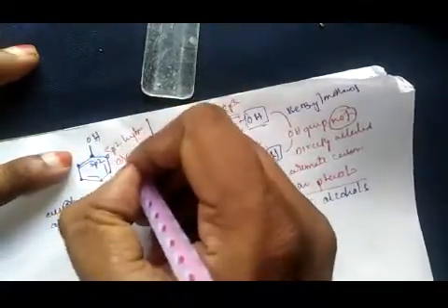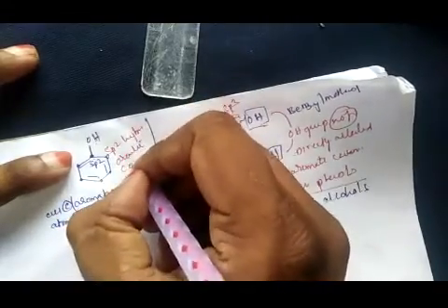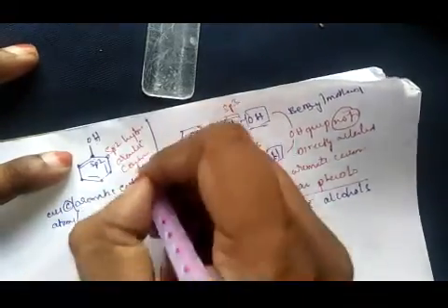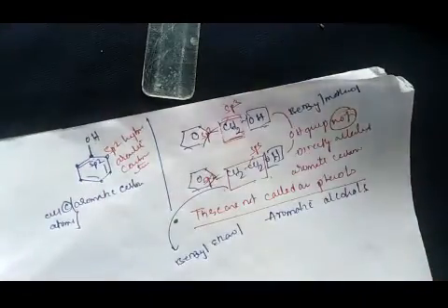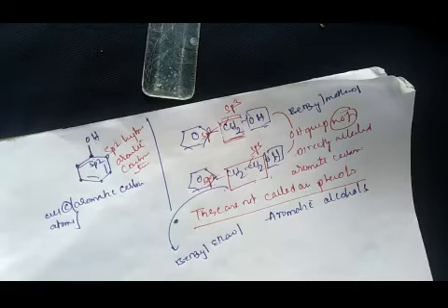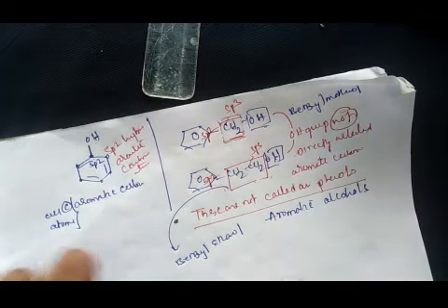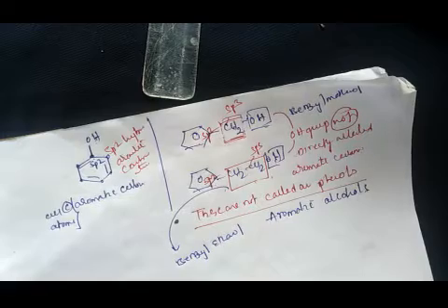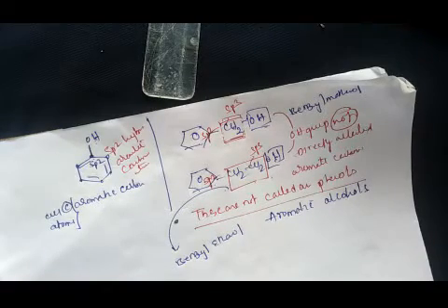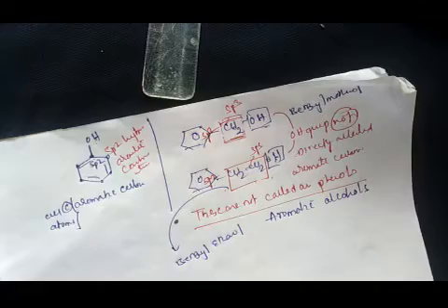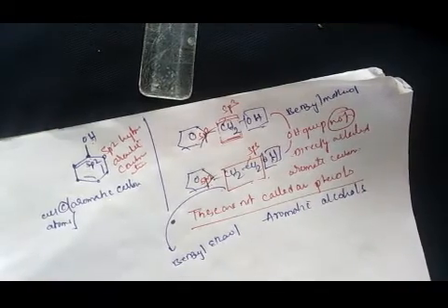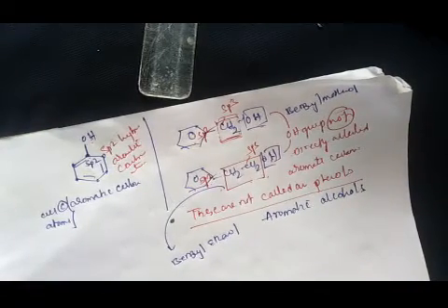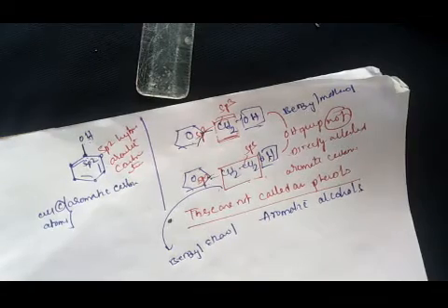Here there is a carbon atom between the aromatic carbon and the OH group, so they are not called phenols. Simple phenols are those where the OH must be directly attached to an sp2 hybridized aromatic carbon atom.